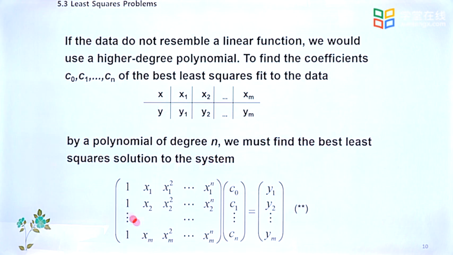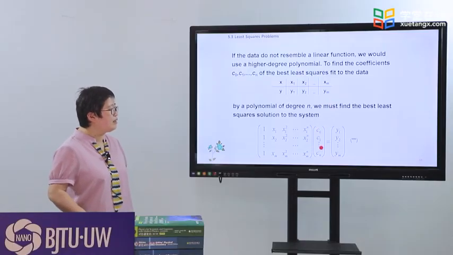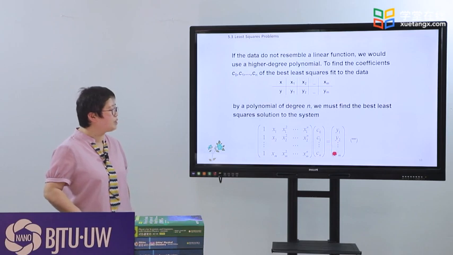The first column entries are all ones. The second column is x1, x2 till xm. The third column entries are x1 power 2, x2 power 2 till xm power 2. And the last column is x1 power n, x2 power n till xm power n. What you want to know are the coefficients C0, C1 till Cn, and the right-hand side vector is the m observed data, y1, y2 till ym.